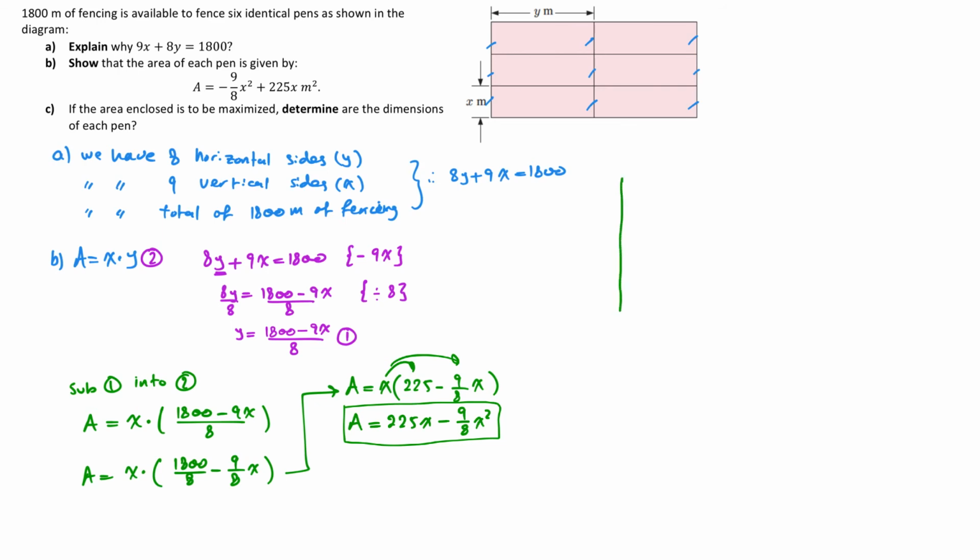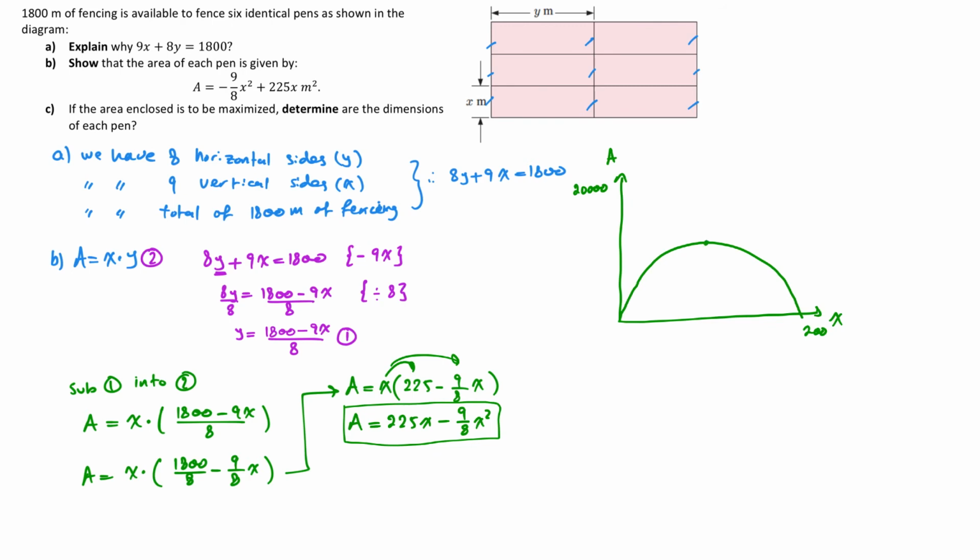Alright, so my graph looks like this, where this part is the area and this part is x, and I used a window size of 20,000 for my area and 200 for my x.